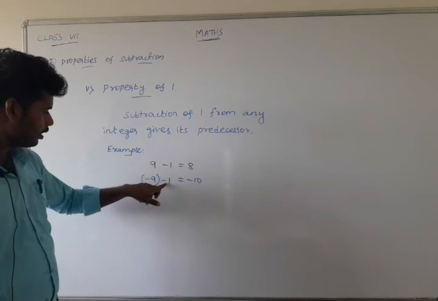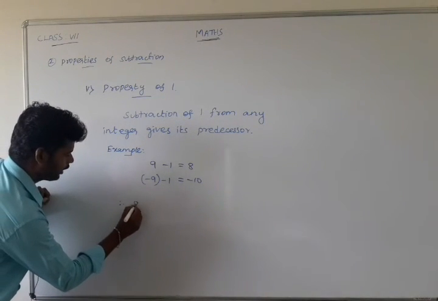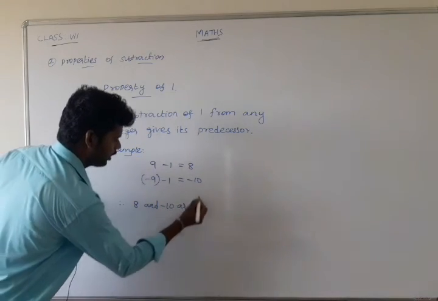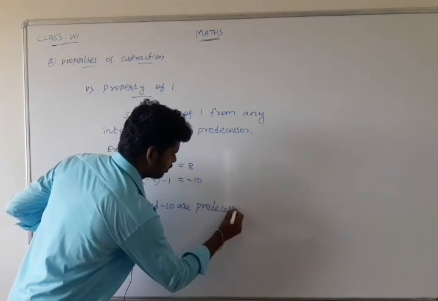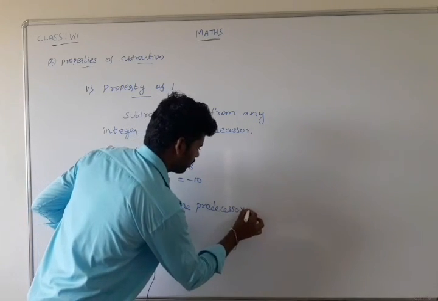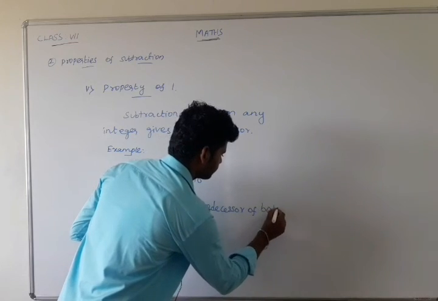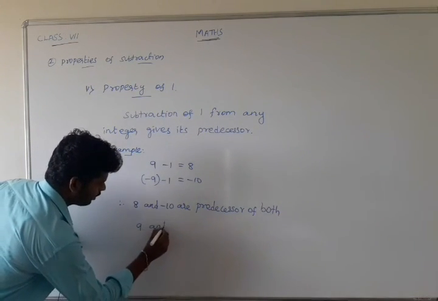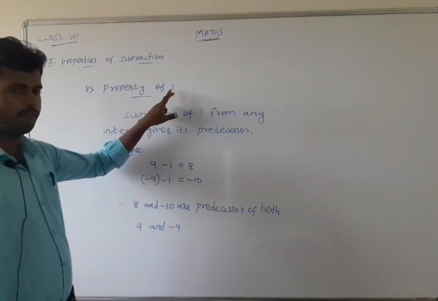Minus 9 minus 1 equal to minus 10. Therefore, 8 and minus 10 are the predecessors of 9 and minus 9 respectively. This is for the property of 1.